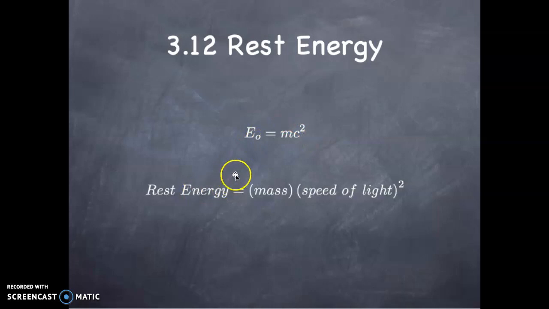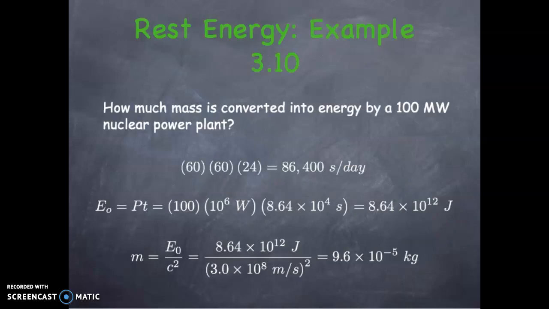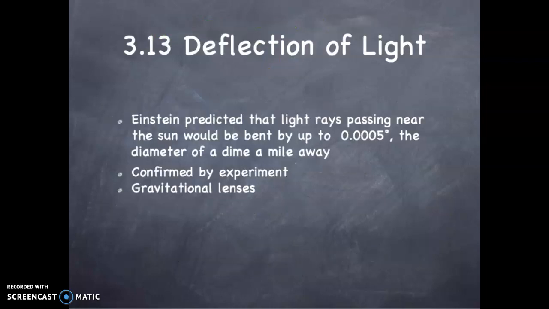So rest energy, which is E sub 0 is what this is called, is equal to mass times the velocity squared. And this is a calculation of this expression here. And you see m equals E0 over c squared.